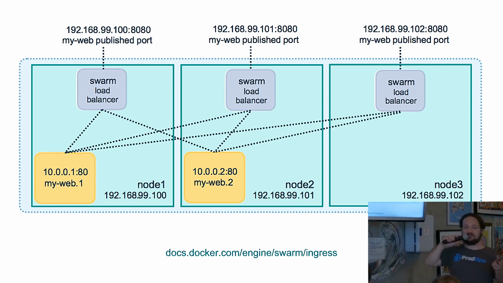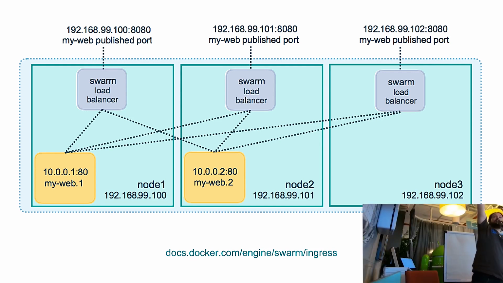Anybody can guess why it's useful? Maybe elasticity. Elasticity. It's very useful because when you have some amount of servers, you don't know how many, and you have a service that is running somewhere in there, and you just know the port number, you can put a load balancer on all of the servers.